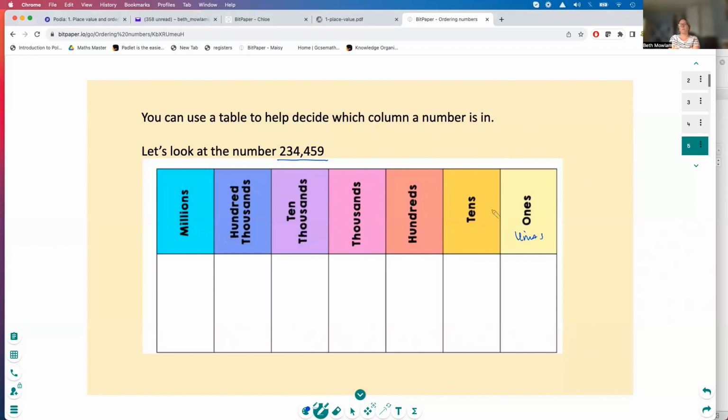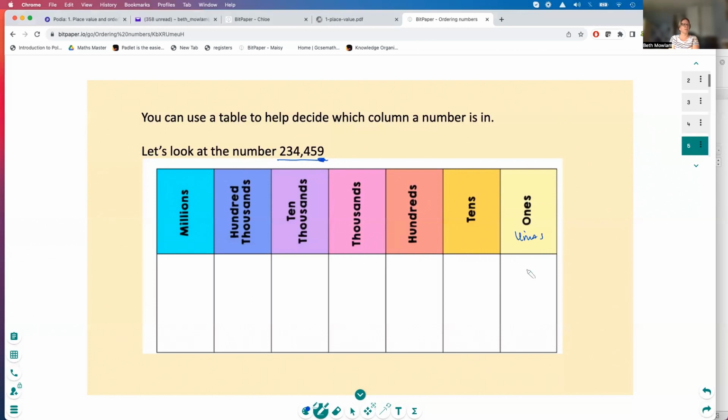The next column up is your tens. Then you get your hundreds, that's when they gave you the big 100 square. Thousands, not many people went into thousands with these tools, but the 1,000 would have been the big cube, and so on.